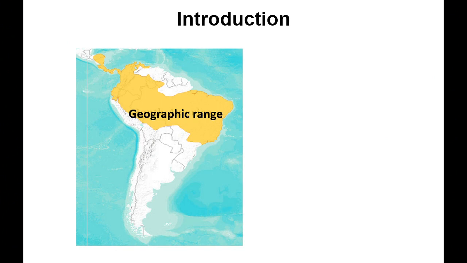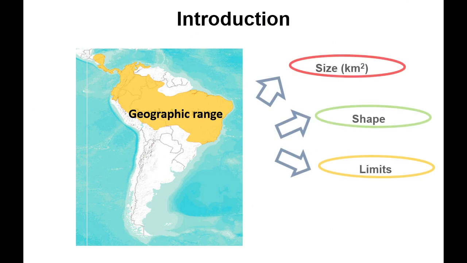When we talk about distribution, we think of the geographic range of a species, and we think mainly of three aspects: the size, the shape, and some limits where this distribution could be present in an area. But when we talk about distribution, there is another aspect that could be important for the species: the internal structure of that range.